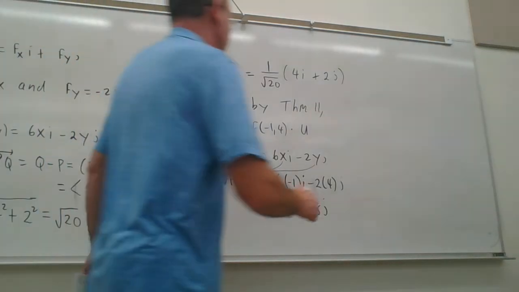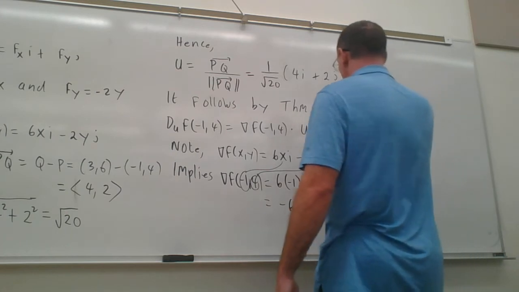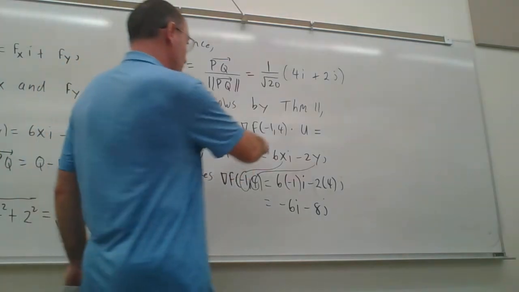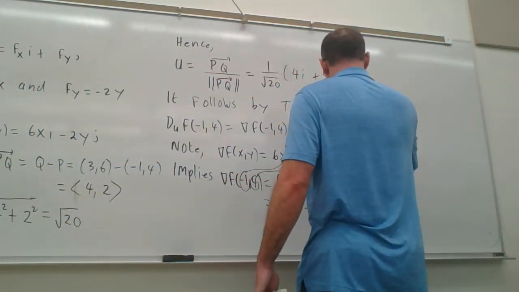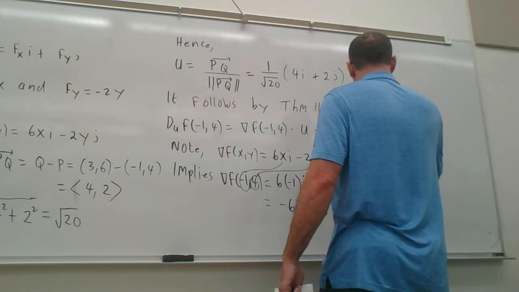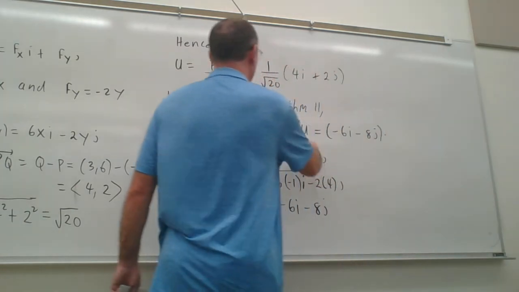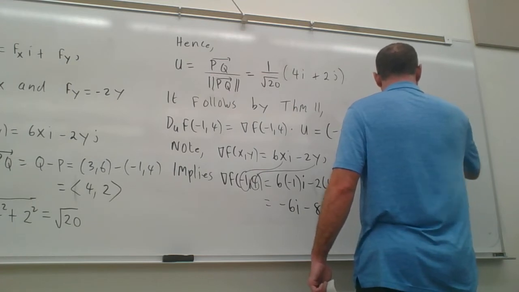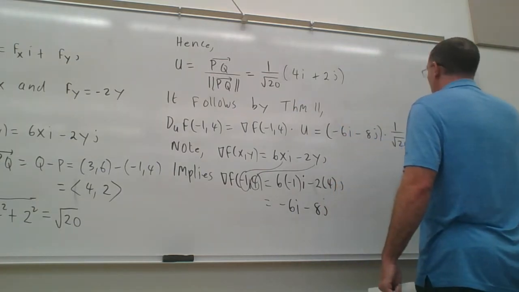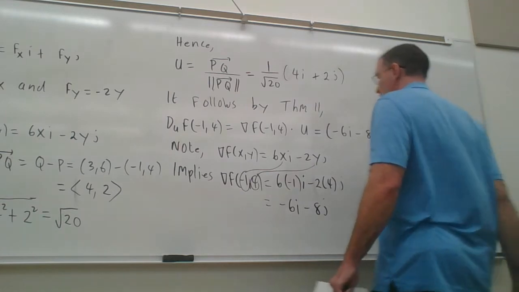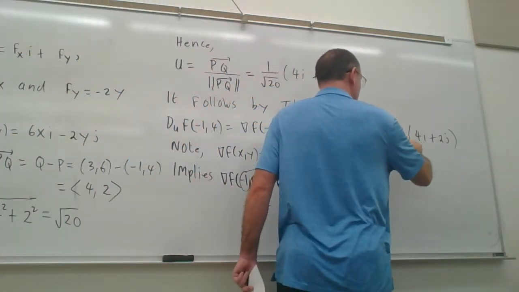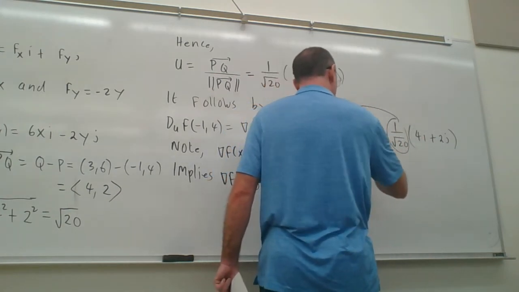So now, plugging in, we found our gradient at negative 1, 4, so it's going to be negative 6i minus 8j dotted with our u, which is 1 over square root of 20 times 4i plus 2j. Okay, so the 1 over square root of 20, you can just bring in front of the dot product.